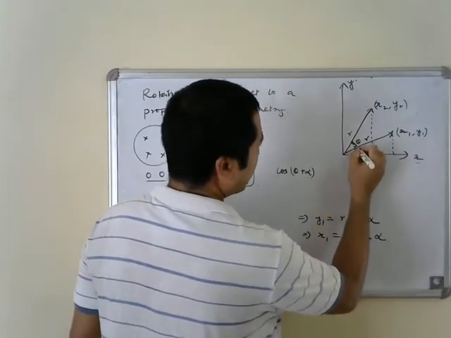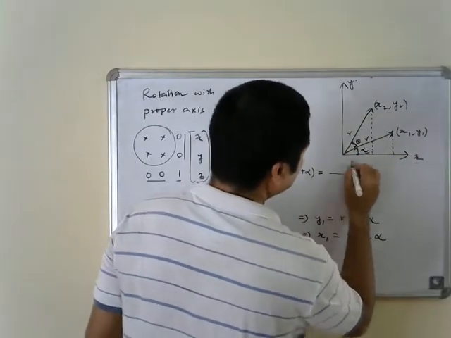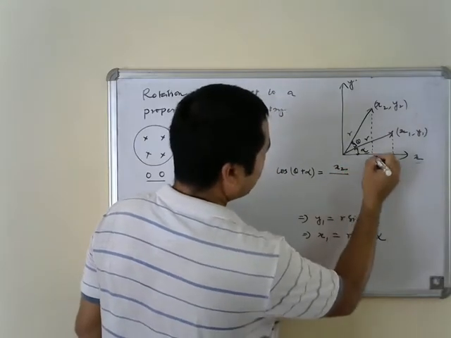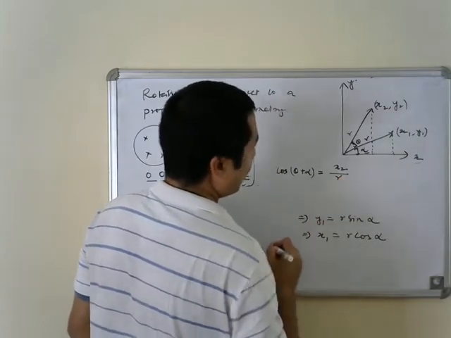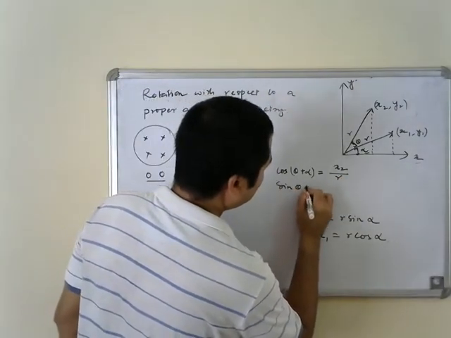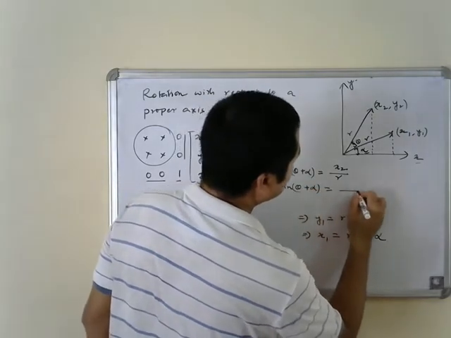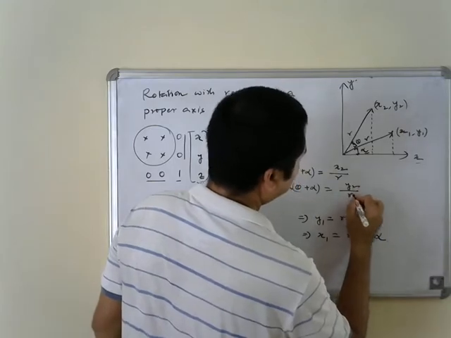The base of this triangle is equal to x2, and h is equal to r. Also sine of theta plus alpha is equal to the perpendicular, that is y2 by r.